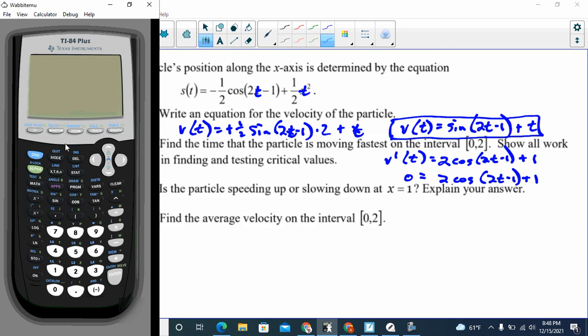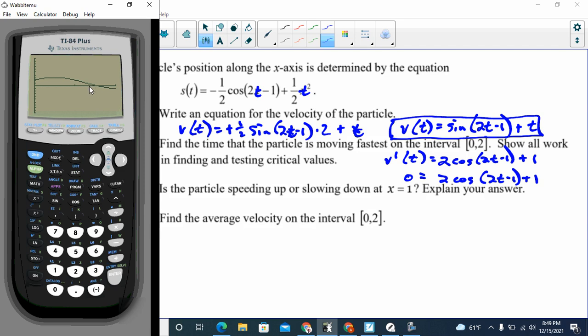To solve that, let's solve it by graphing. So go to y equals and type in your equation. We only care about the interval from 0 to 2, so let's change our window. And take a look at what the graph looks like. We're looking for when that equation is equal to 0.